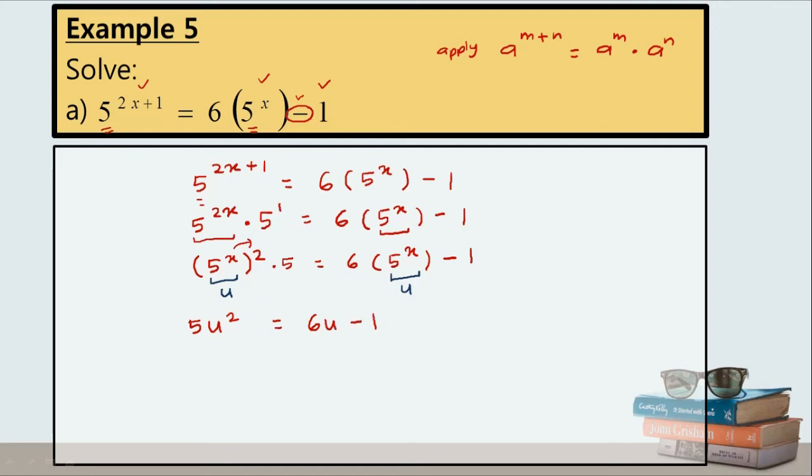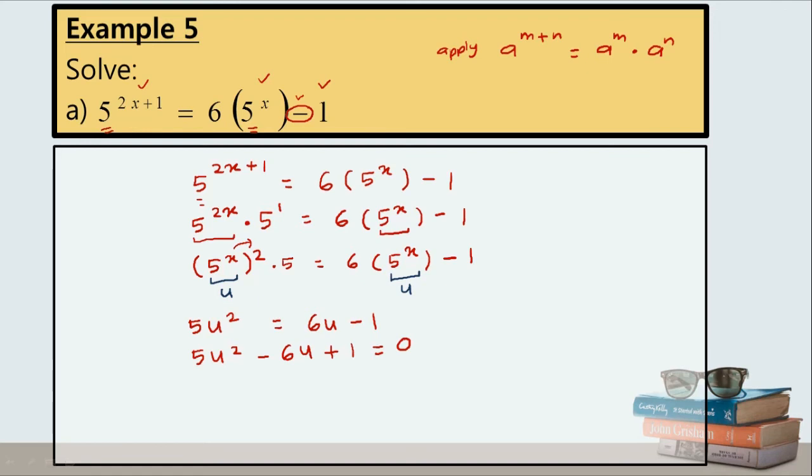So now we already have quadratic equation. So to solve quadratic equation, we need to write like this. 5u squared minus 6u plus 1 equal to 0. Baru kita boleh solve.